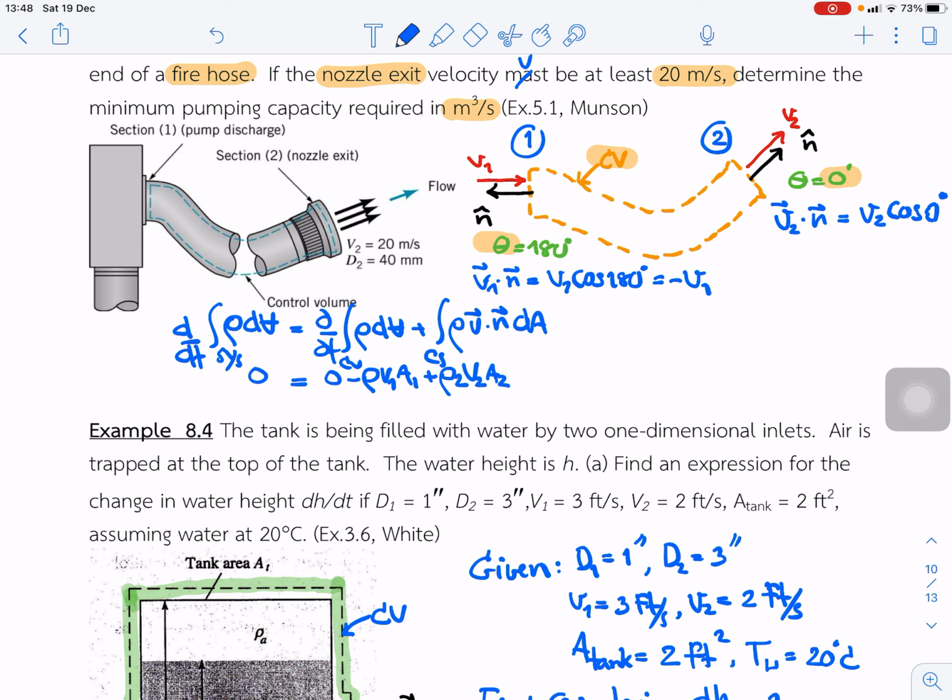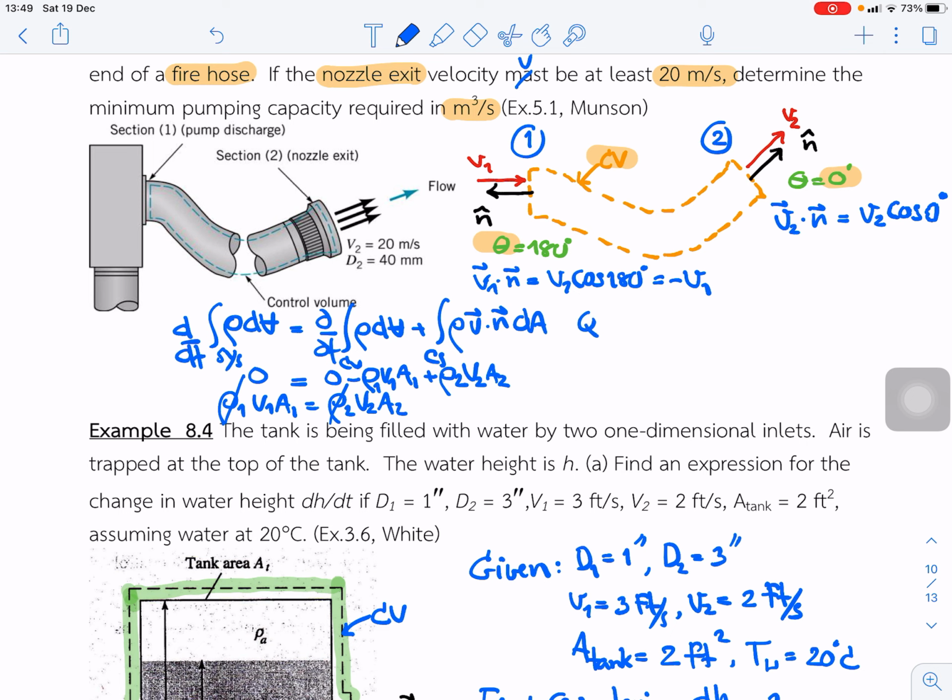So in this case, rho 1 v1 A1 is equal to rho 2 v2 A2, and since we use the same fluid, rho is equal.